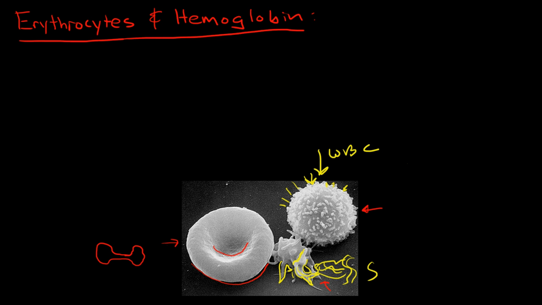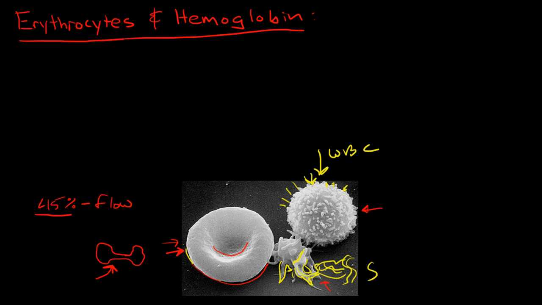Now, what's interesting about this is you can see it has very few proteins on it, and it's very smooth. And this is because red blood cells, as being 45% of blood, need to flow very smoothly. So the theory is that the biconcave disc and the smooth surface of the membrane allow it to flow very smoothly.